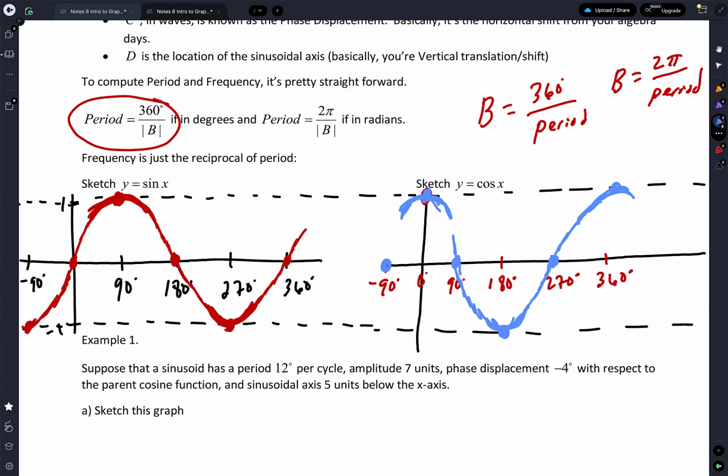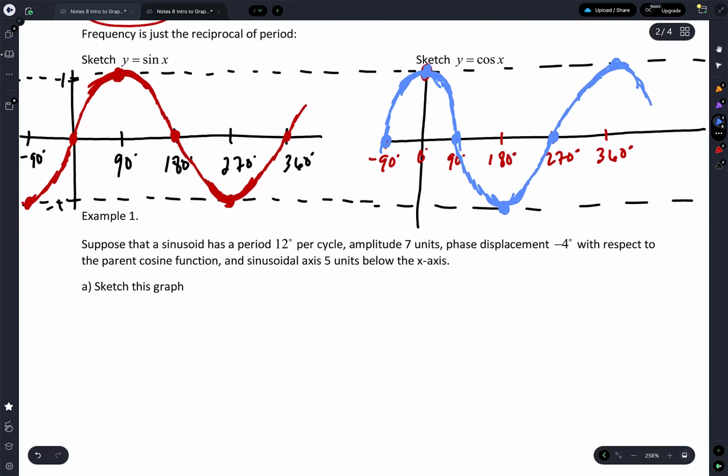Concave up, concave down. And there it is. Not the best drawing, but that's fine. How do you feel? Not bad, right? Are we okay so far, guys? All right. Here we go.